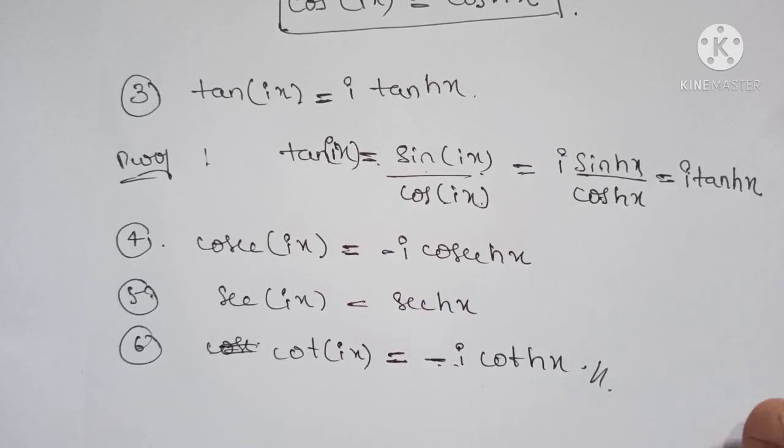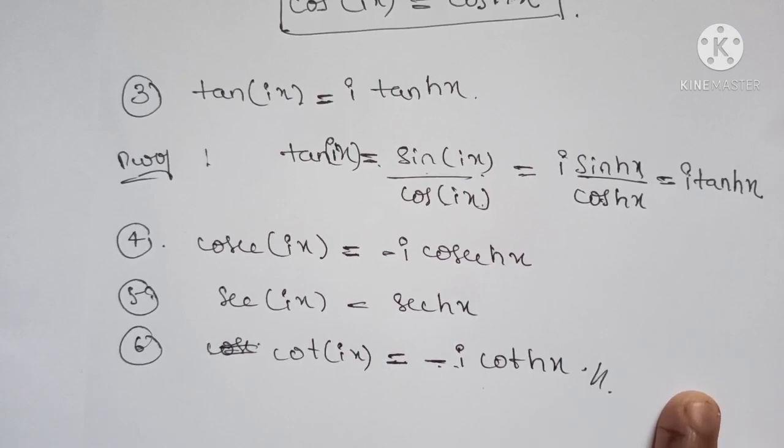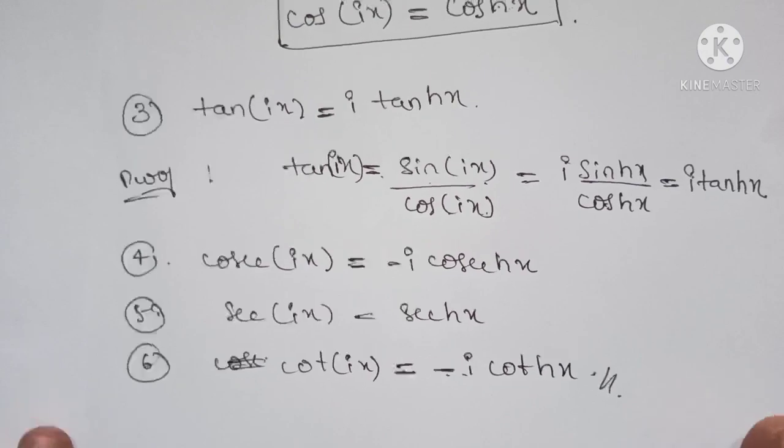So these are the relations between hyperbolic and circular functions in both forms. That is, we can convert hyperbolic to circular or circular to hyperbolic by using these 12 relations.